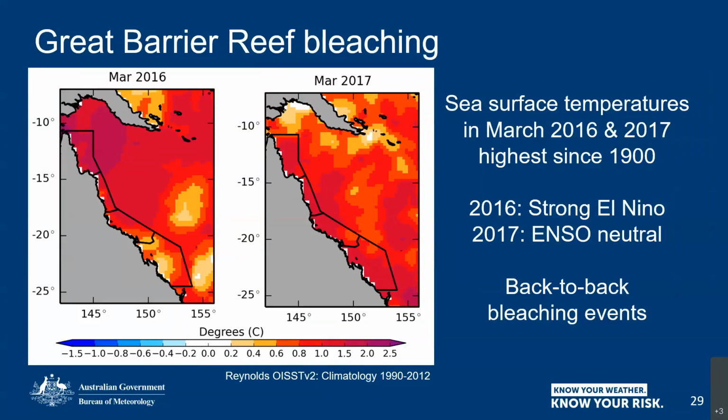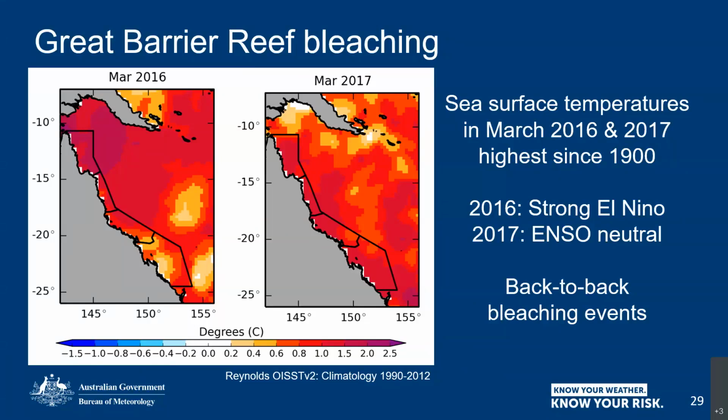What we're looking at here is during the months of March in 2016 and 2017, how did the temperature differ to what is normal? Now we define normal, in this particular case, as the time period from 1990 to 2012.